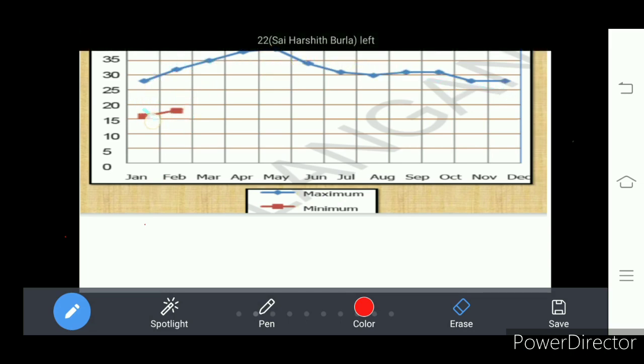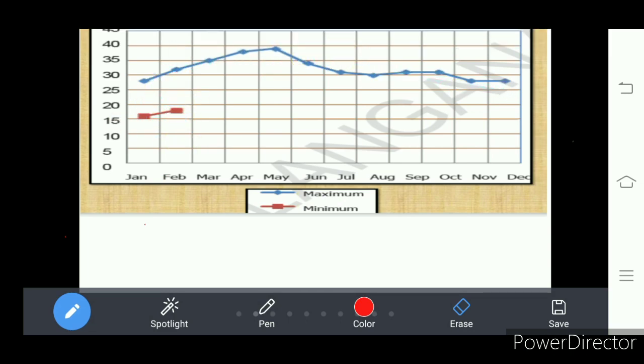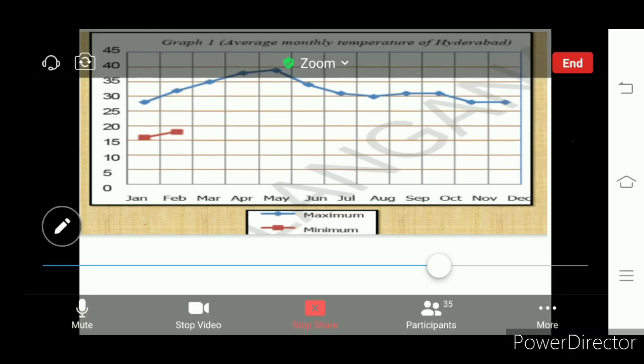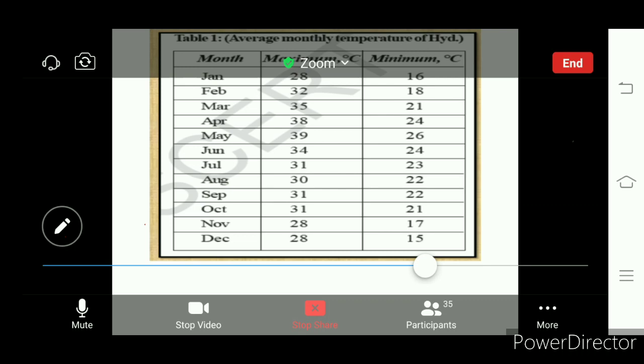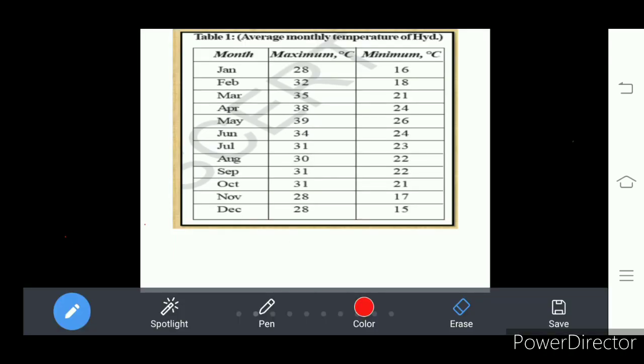The graph of Hyderabad using this table. Which table? Here it is shown. Just record the maximum temperature on the graph using this table, and the minimum temperature you have to record.